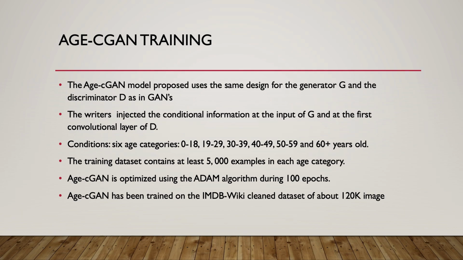The training set contains at least 5,000 samples in each age category. The c-GAN was optimized using the Adam algorithm and trained for 100 epochs, on the IMDB-Wiki clean data set of about 120,000 images in total.